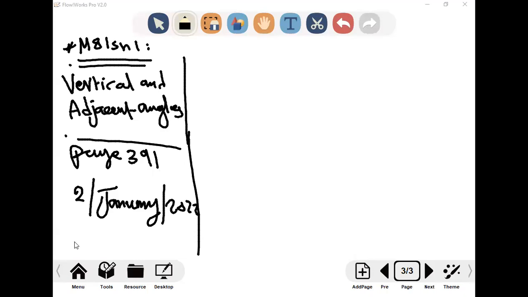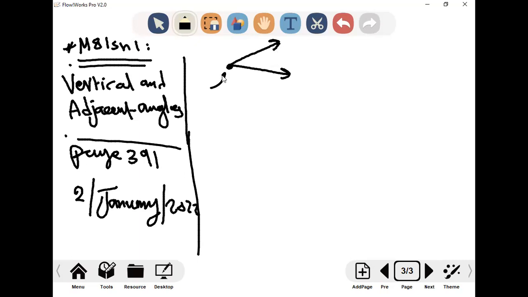The angle has 3 parts: a point and 2 rays. Not lines. Not lines, rays. A ray has a start and no end.